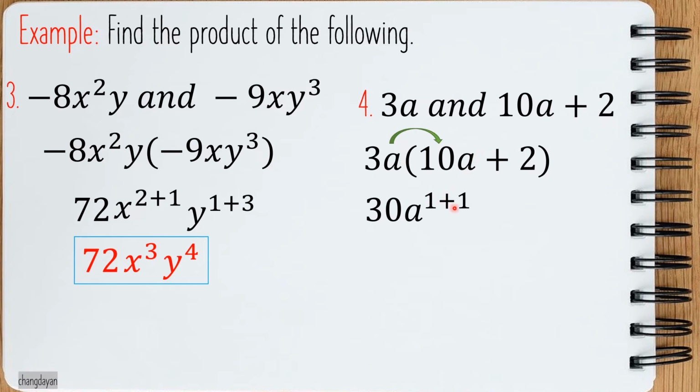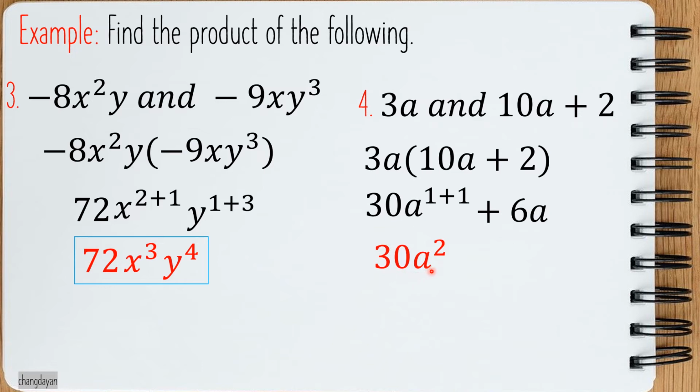So we have 1 plus 1. Then, multiply 3a by 2. And you have the product that is 6a. Then simplify. You have here 30. Then add 1 plus 1 here. So you have 30a squared plus 6a. So our answer is 30a squared plus 6a.